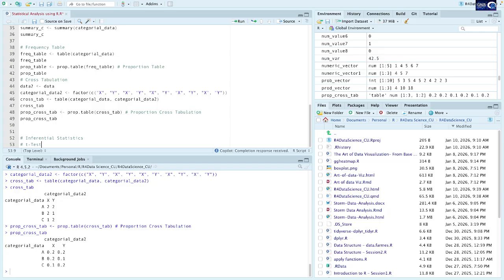Use of a t-test? Anyone can even unmute and say, or you can put it in the chat as well.